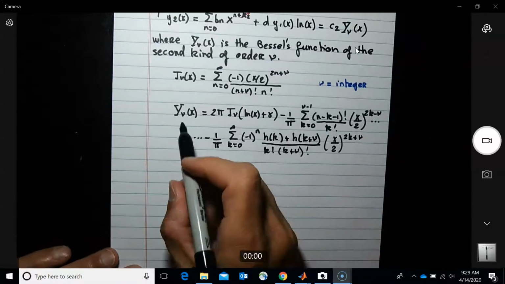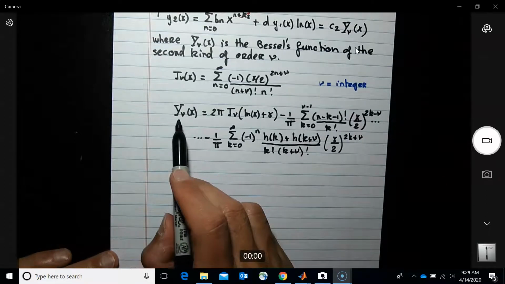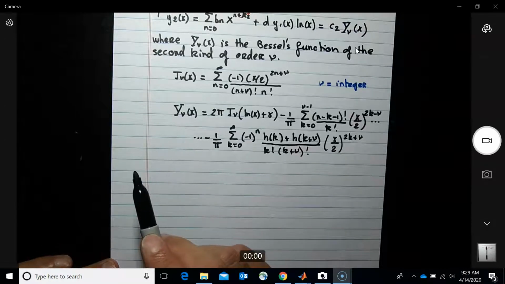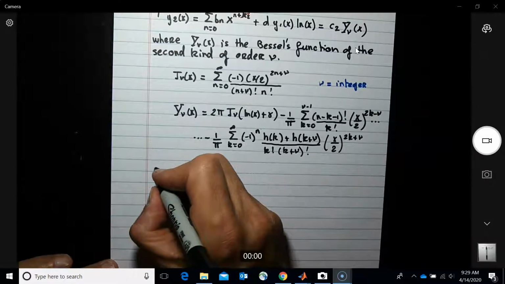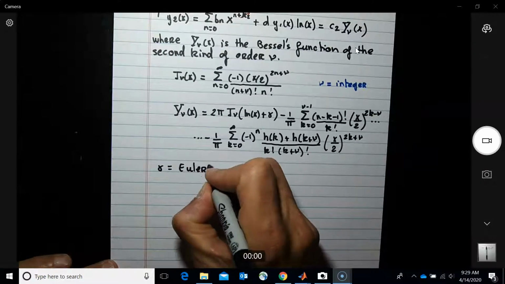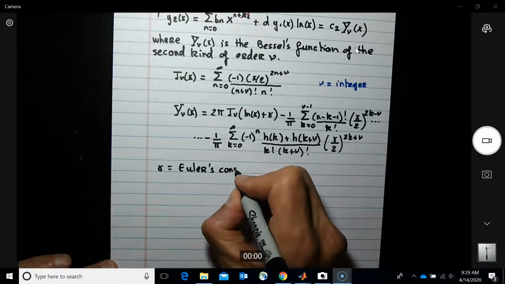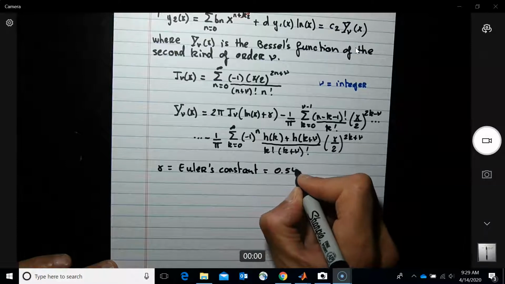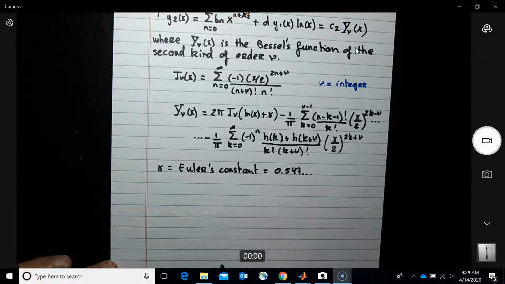So this is really the form of the Bessel function of the second kind of order mu. Okay, this value here is the Euler constant, which I think is 0.577 something. Okay.